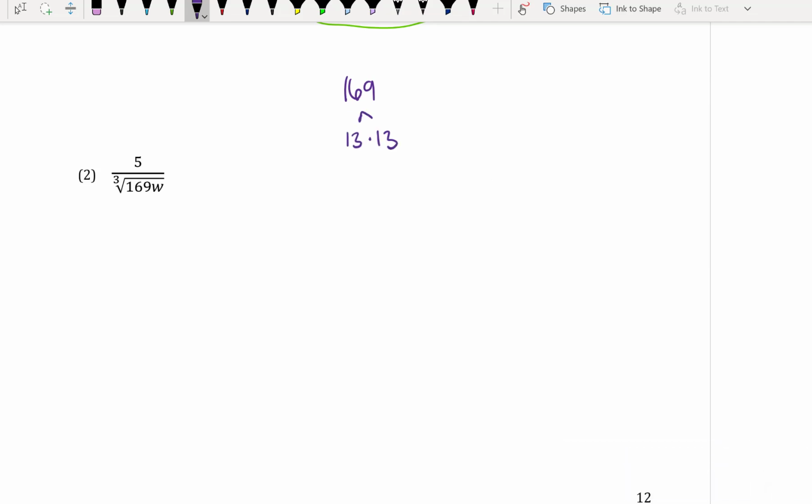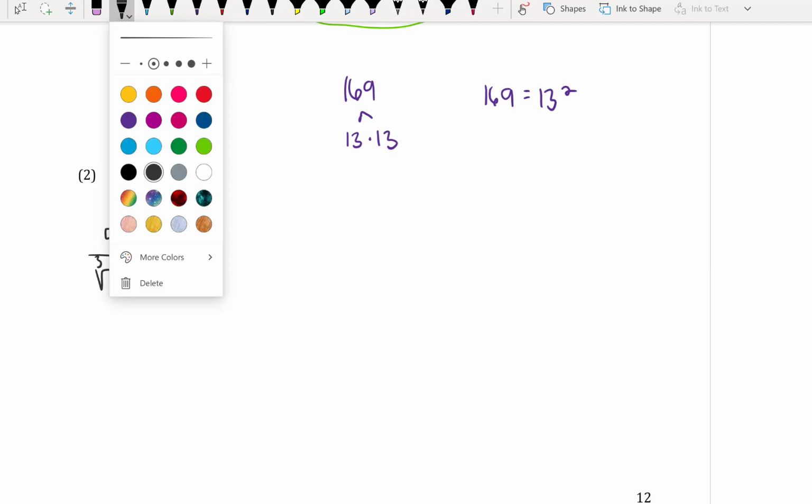I just found that 169 can be divided by 13. So I'm going to say that 169 is equal to 13 squared, and I'm going to use that information. So I have a 5 over the third root of 13 squared times w.